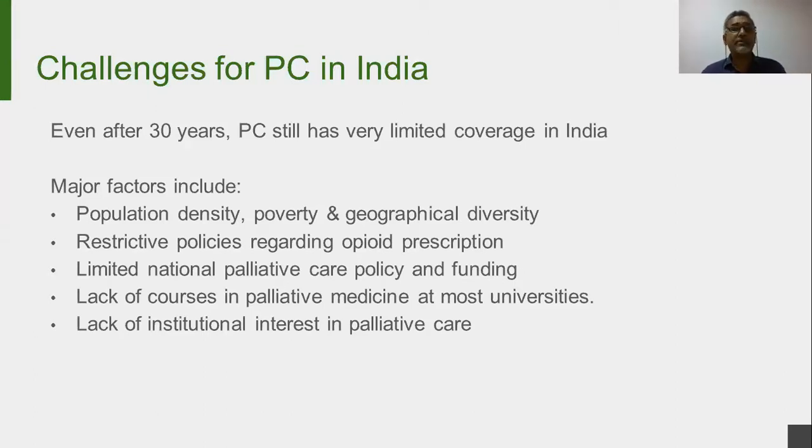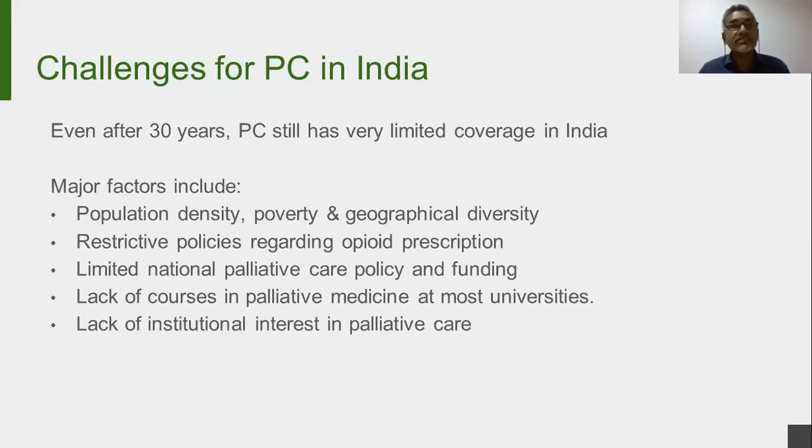Yes, these are important factors, but there have been other factors as well, like, for example, availability of opioids. As you all know, there have been serious, severe restrictions on the availability as well as the procurement, storage, all those things. So these policies have changed over a period.